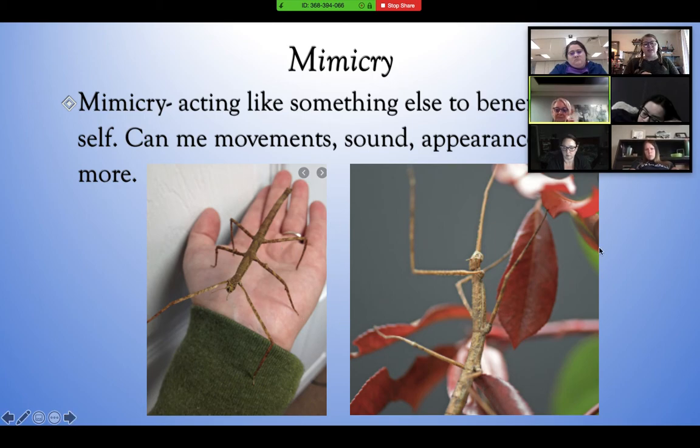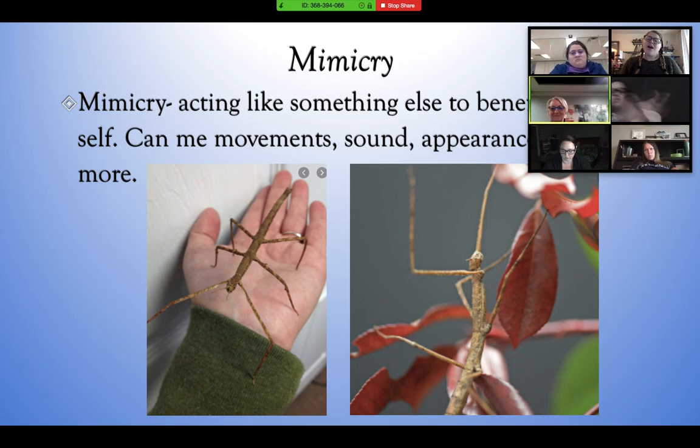Because if they are a stationary object on a moving tree that's blowing in the wind, you can see me dancing up in the corner now. If they are stationary, they'll be more likely to be seen. But if they are moving and mimicking the movement of the branches, then they blend in more to the tree.